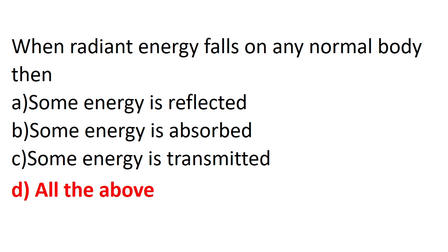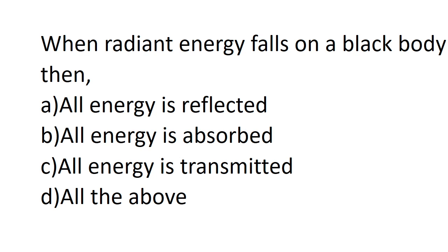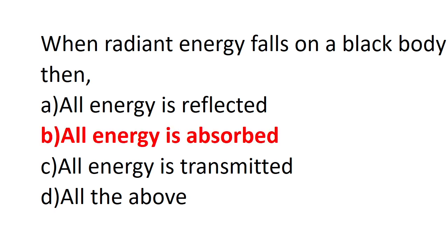So answer is all the above. Next one, when the radiant energy falls on a black body, then now the body is not a normal body, it is a perfectly black body. Then all the energy is absorbed.